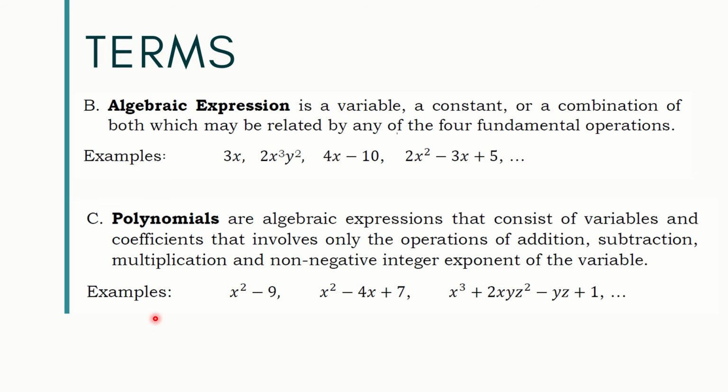So, let's have this example: x squared minus 9, x squared minus 4x plus 7, x cubed plus 2xyz squared minus yz plus 1, and so on. As you can see, all their exponents are non-negative, meaning positive.